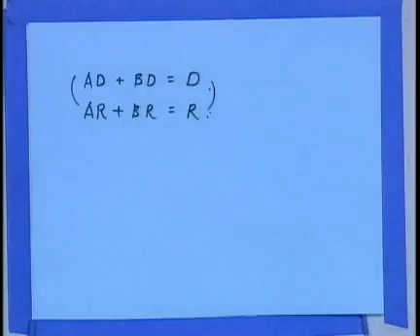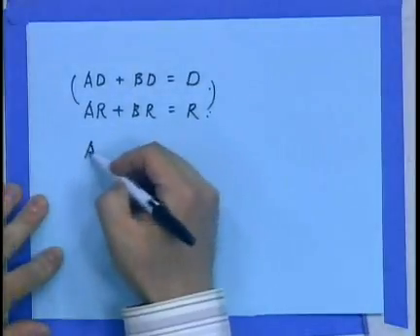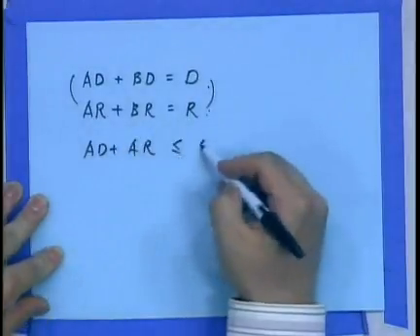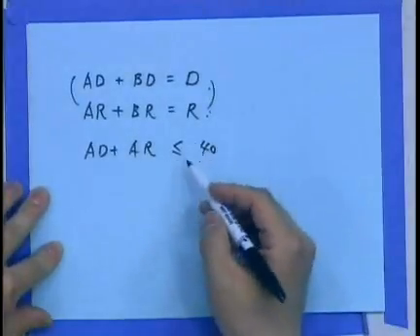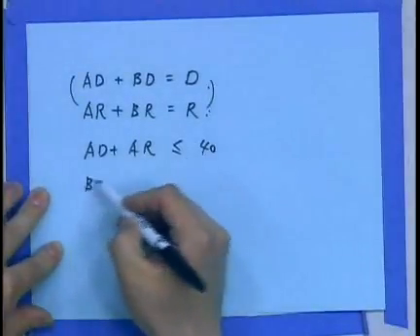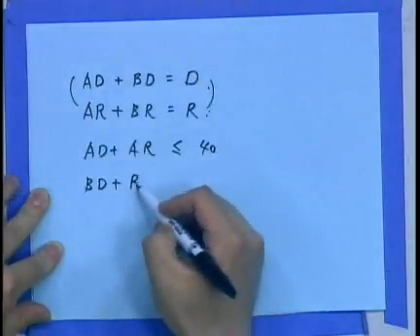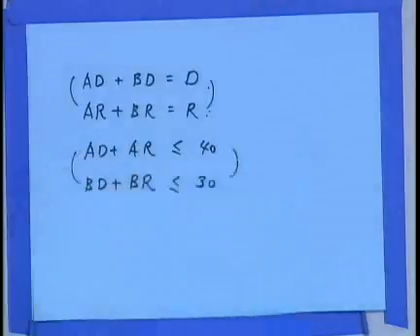And since only 40 quarts of A can be purchased, AD plus AR is less than or equal to 40. Likewise, only 30 quarts of B can be purchased. So we have BD plus BR is less than or equal to 30, right?